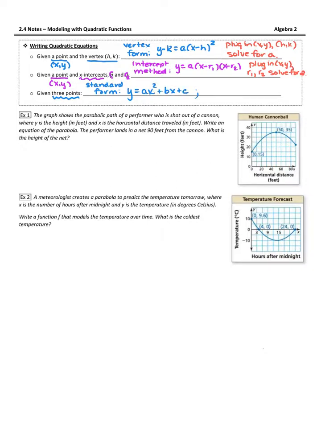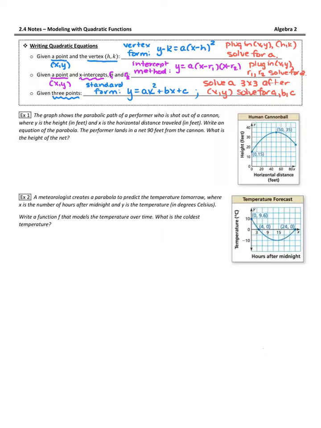And you are going to solve a 3 by 3 after plugging in 3 different x, y coordinates to solve for a, b, and c. Since you have 3 unknowns there, you need 3 equations. All right, so this is our goal of what we're going to do.